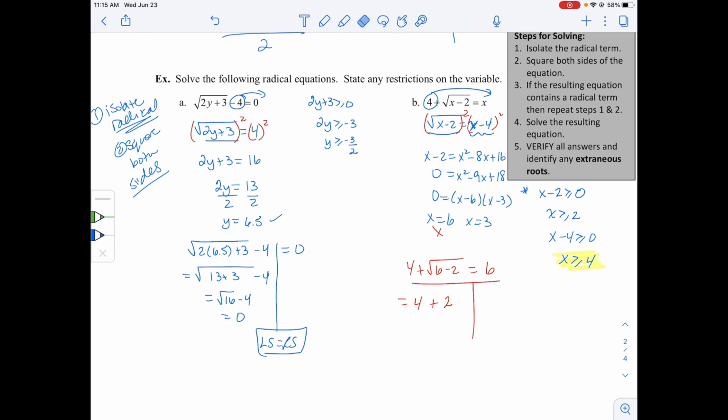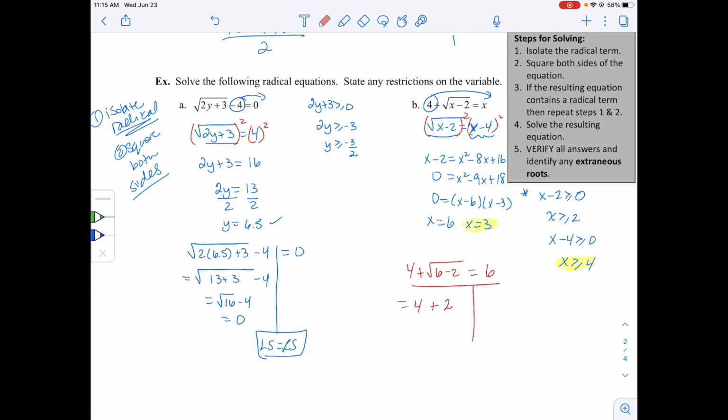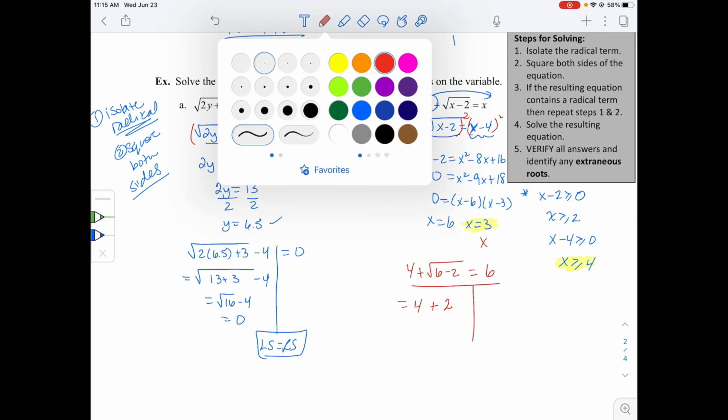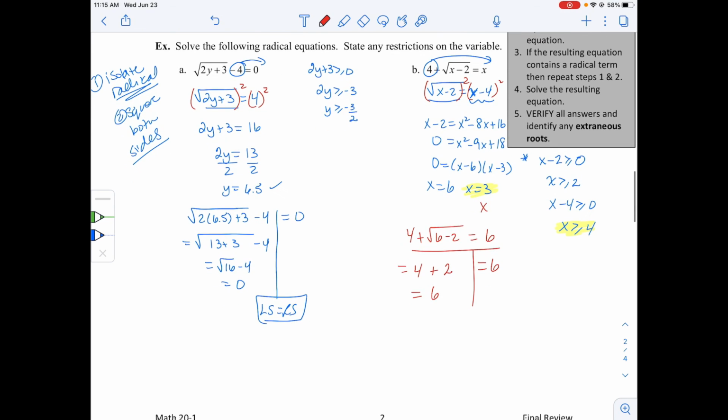Oh, and of course, sorry, I actually crossed off the wrong one. It's the x minus 4. X has to be greater than or equal to 4, so this one is going to work, and the 3 is not going to work. The answer there is 6, and my right-hand side is 6. So my left side is equal to my right side.